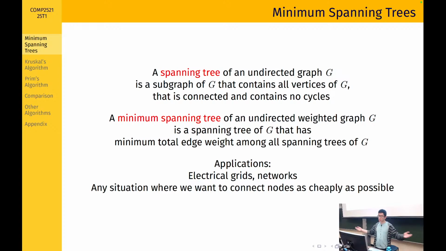Mainly you need wires in order to connect nodes together, and these wires cost money. So you want to build your grid in such a way that you use as little wire as possible, so that it costs as little as possible.